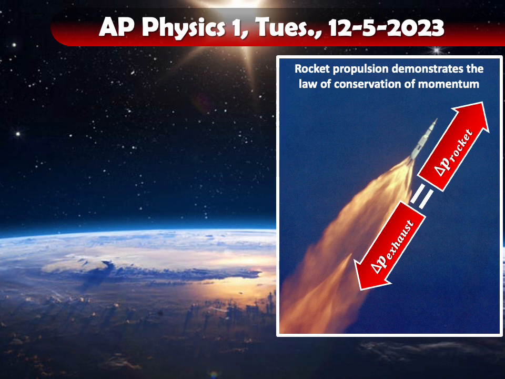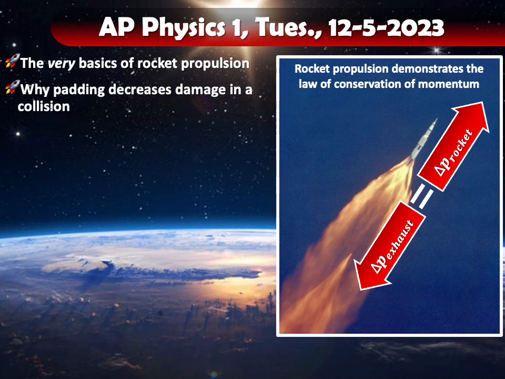Okay, so here is what we're going to take a little look at today. We're going to talk about the very basics of rocket propulsion and why rockets are able to move. Also going to talk about why padding decreases damage if there's any kind of collision or impact. That definitely is related to impulse and momentum.